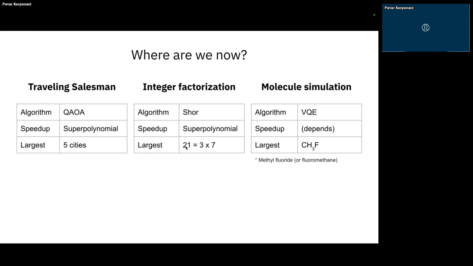So the latest IBM quantum computer can tell you that 21 is 3 times 7. Maybe kids in primary school can do that without a quantum computer, without any computer at all. This is where quantum computing is today.